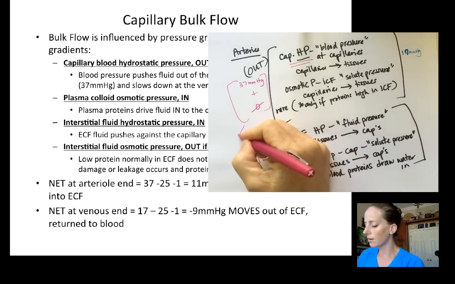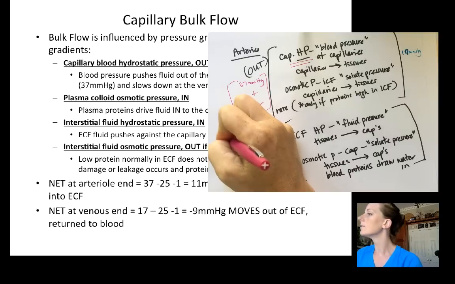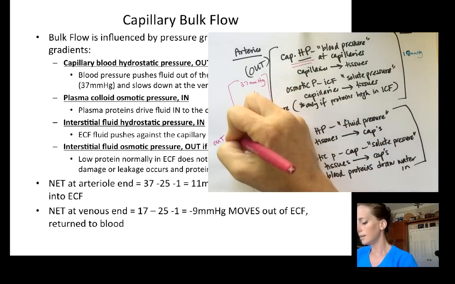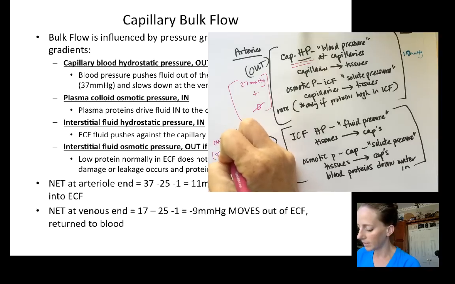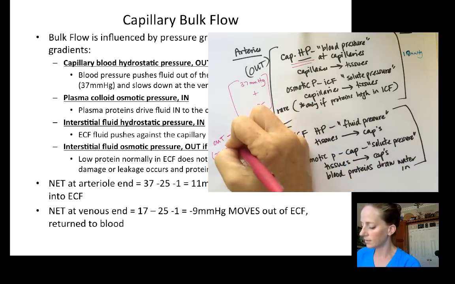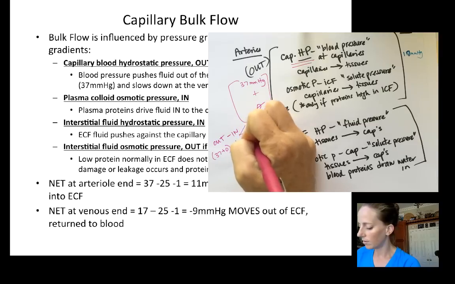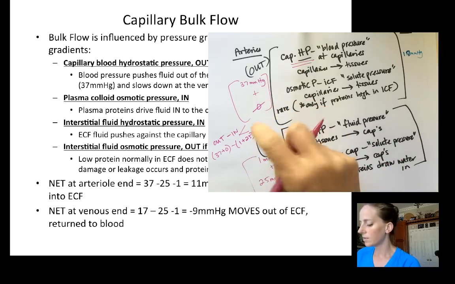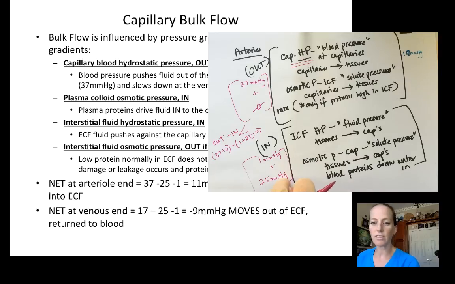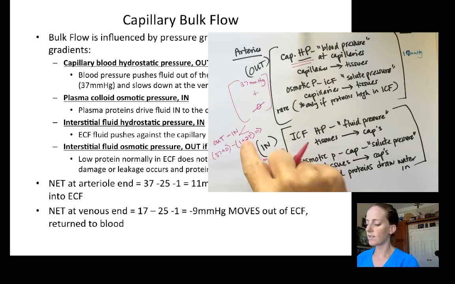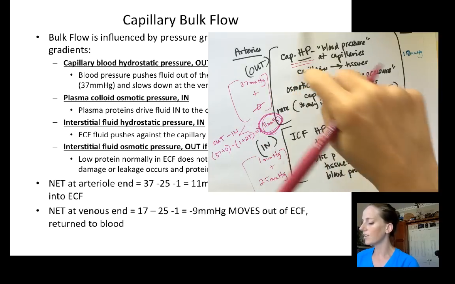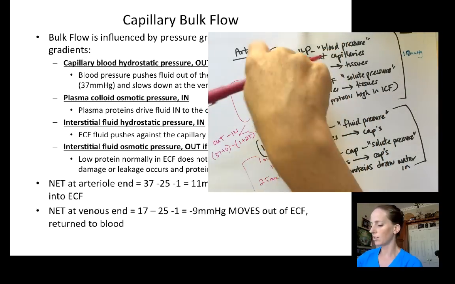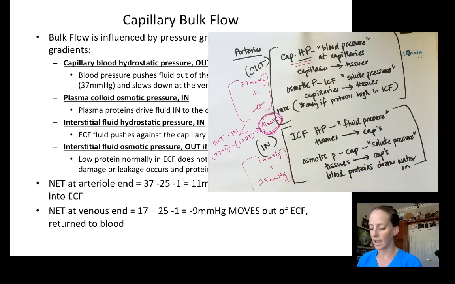For the arteries, out minus in is going to be 37 plus 0 minus 1 plus 25. So our net pressure at the arterial end is going to be 37 minus 26, 11 millimeters of mercury. So that's the difference between the out pressures and the in pressures at the arterial side.